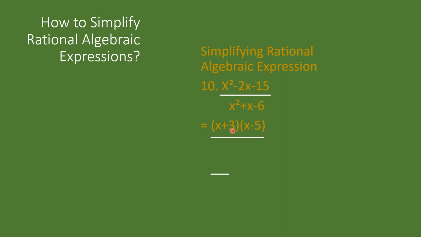If we're going to add these 2, that is negative 2. And then the denominator, we have x plus 3 times x minus 2. That's the factored form. And now we can cancel this factor, x plus 3, x plus 3. So what we have now is x minus 5 divided by x minus 2.